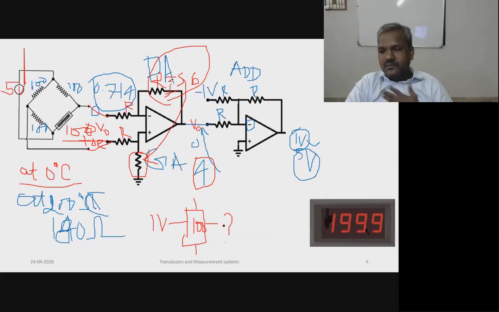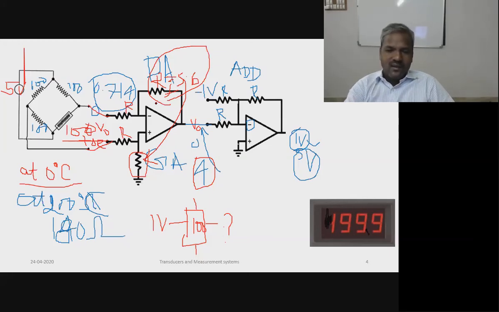Santosh, what will be the output? 100. Is it possible? Anybody else? How much? Balamanigandan, 100. Santosh, 100.